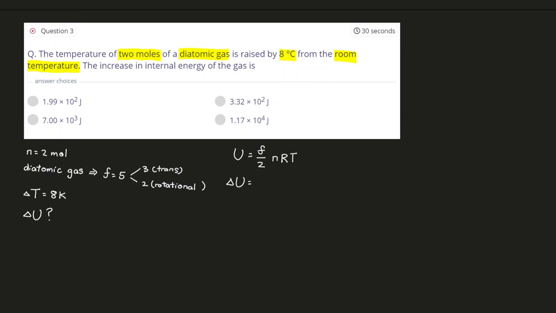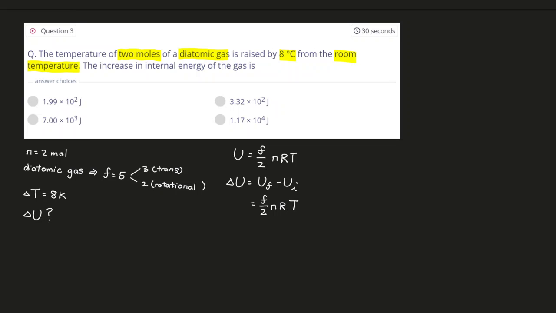Change of U is equal to Uf minus Ui. If we don't experience any change in degrees of freedom, we don't need to put initial and final. There's no change in the number of moles of diatomic gas, so the n will remain the same, and you don't need to write n2 or n1. There's no need for it. R is always a constant.